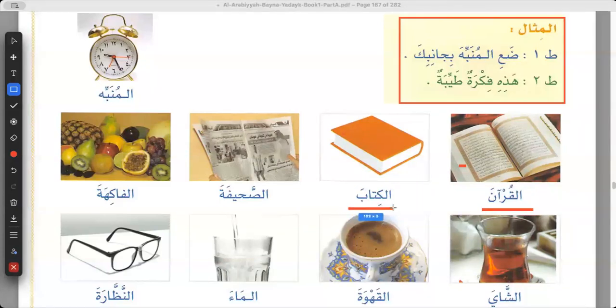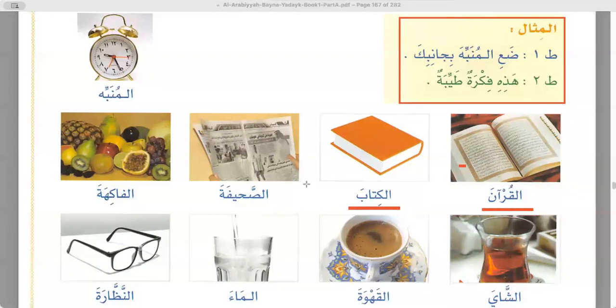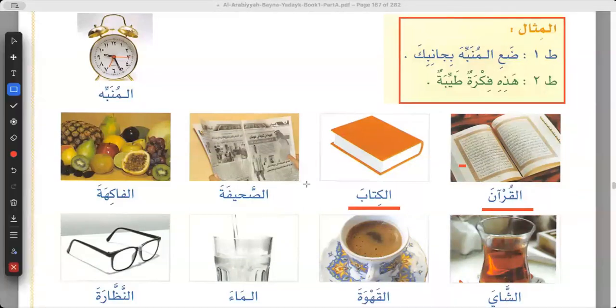Next, number 517. ضع الصحيفة بجانبك. ضع الصحيفة بجانبك.